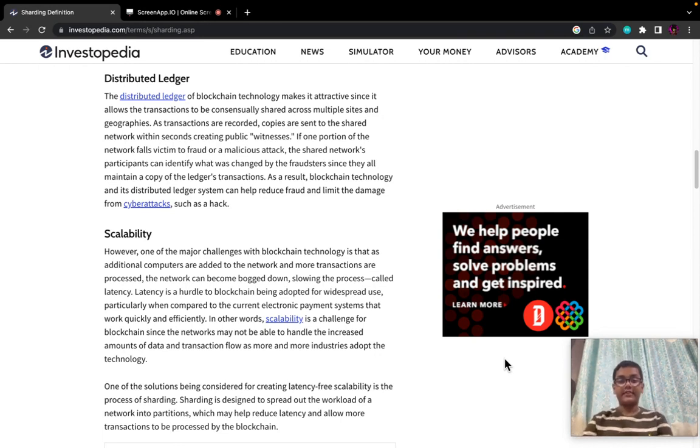If one portion of the network falls victim to fraud or a malicious attack, the network's participants can identify what was changed by the fraudsters since they all maintain a copy of the ledger's transactions. As a result, blockchain technology and its distributed ledger system can help reduce fraud and limit the damage from cyber attacks such as a hack.